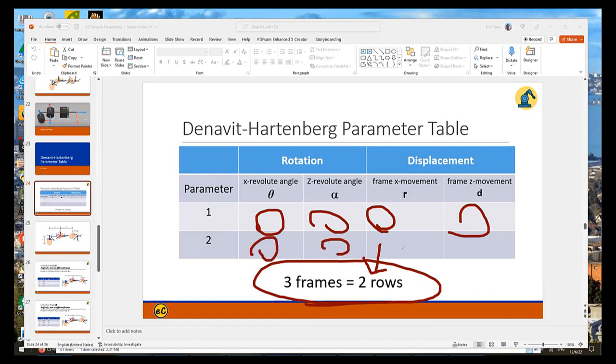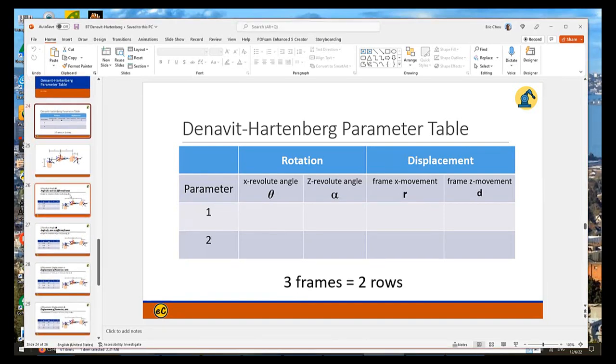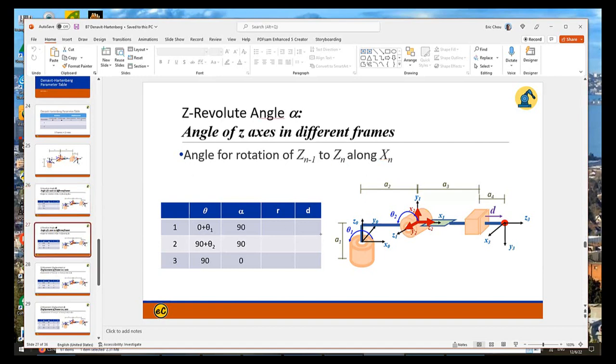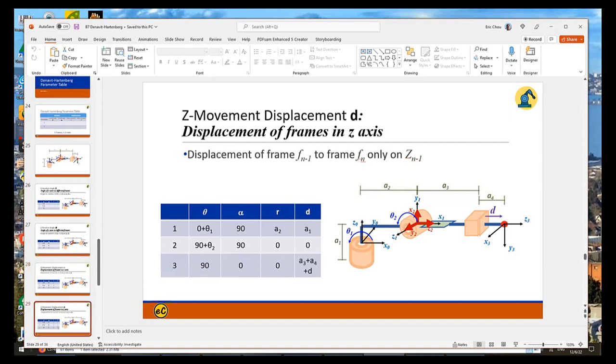Based on the rule, generate the theta, alpha, R, and D. Sometimes R is also called A. Based on your kinematic diagram, try to find your theta on both frames, your alpha on both frames, and the R or A on the 2 frames, and then form the two transition matrices.